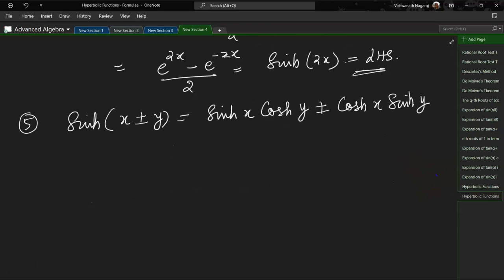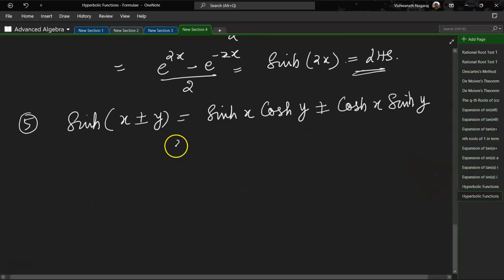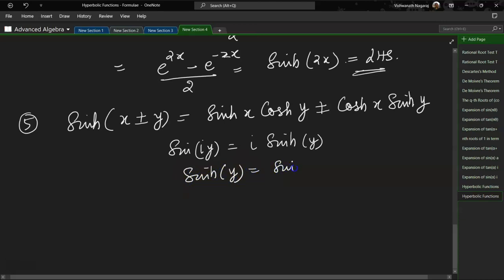We have to remember that sine iy is equal to i times hyperbolic sine y, or in the other direction, hyperbolic sine of y is equal to sine iy by i.